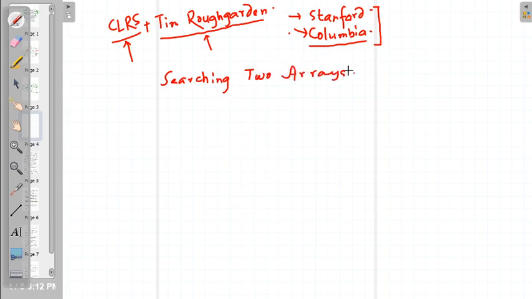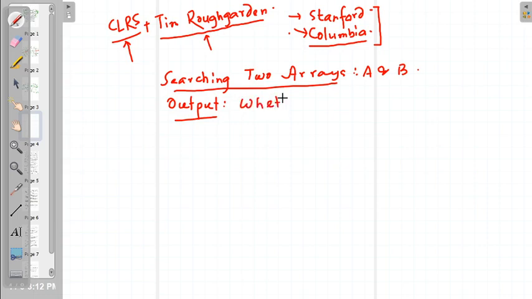We are given two arrays, A and B, and we have to determine the output. The output we are looking for is whether A or B contains t.